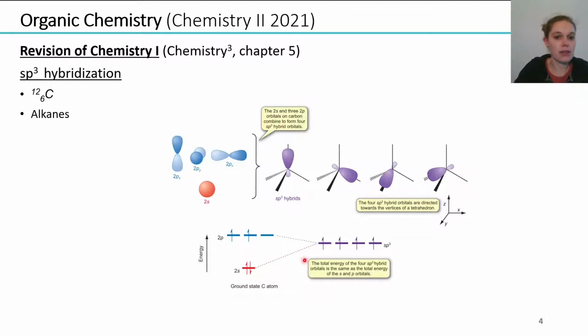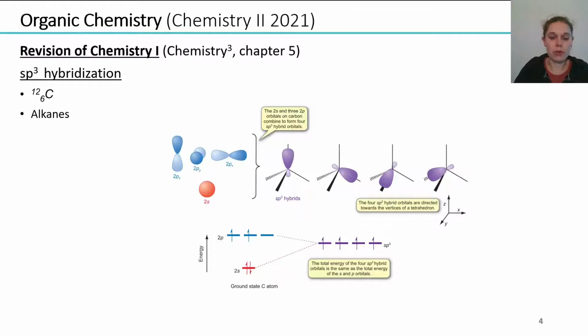If we have a look at this energy scheme here, we can see the starting point: the carbon atom with the 2s orbital and three different 2p orbitals, which are partially filled. Then we have this interaction to form the four sp3 hybrid orbitals. As you can see, the total energy of the sp3 orbitals is the same as the total energy of the three p orbitals together with the s orbital.